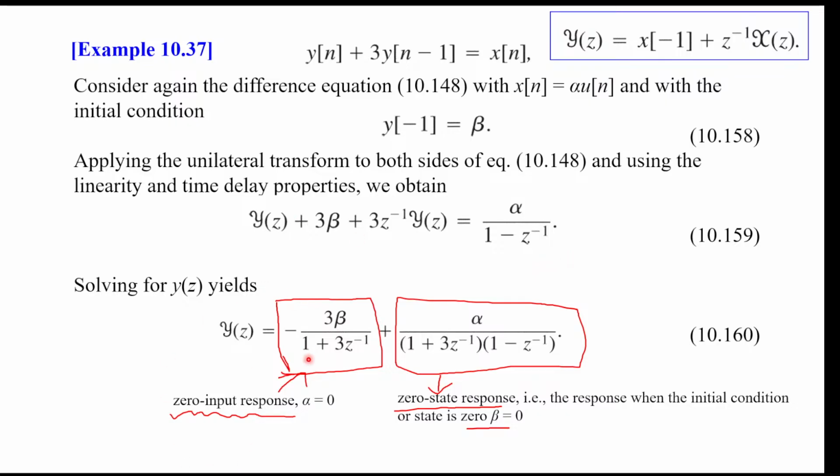If I give numbers for alpha and beta, then you can calculate Y of z in terms of partial fractions, and then inversely transform to get y[n] for this difference equation with the initial condition.